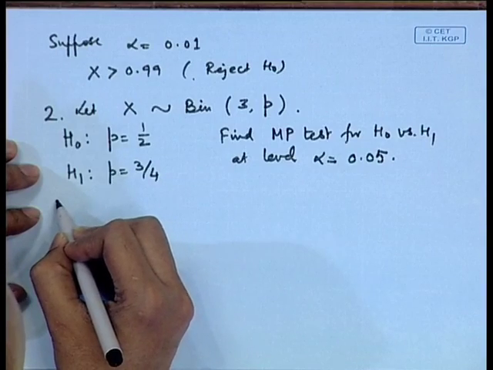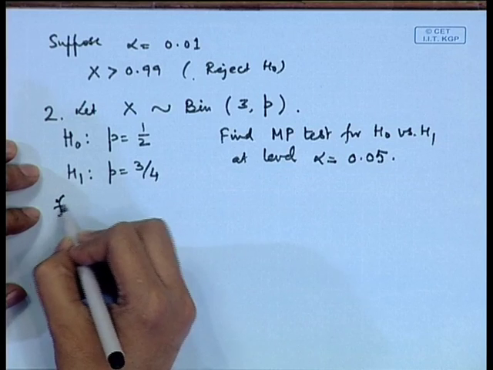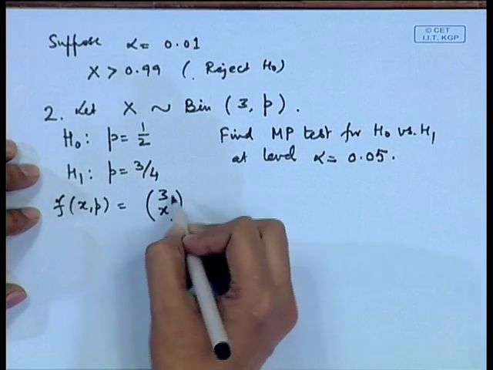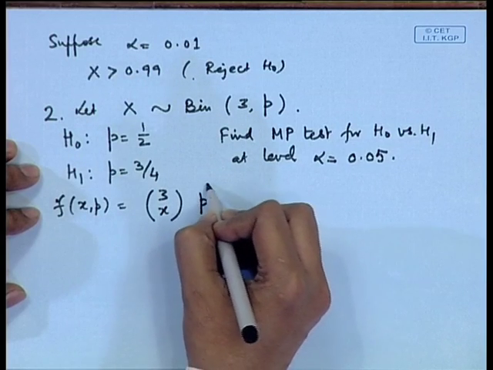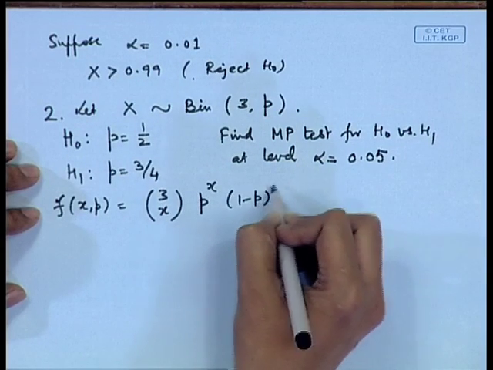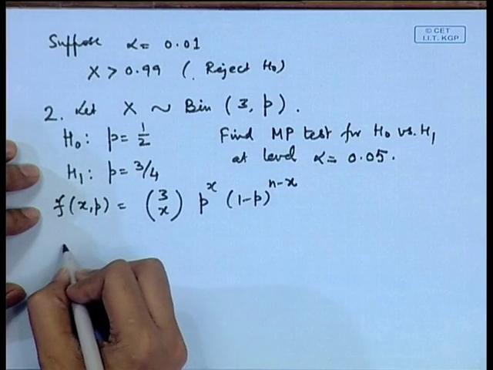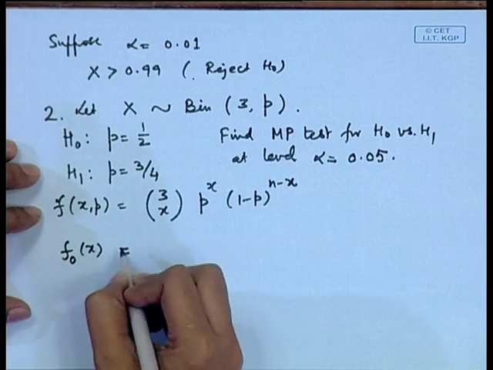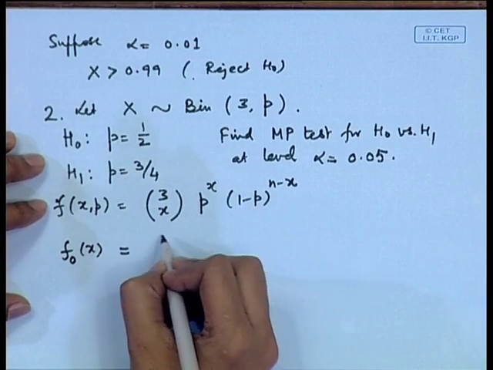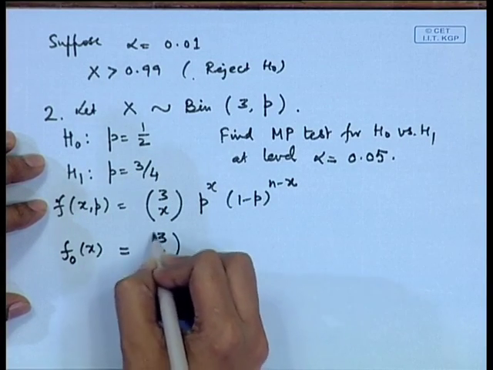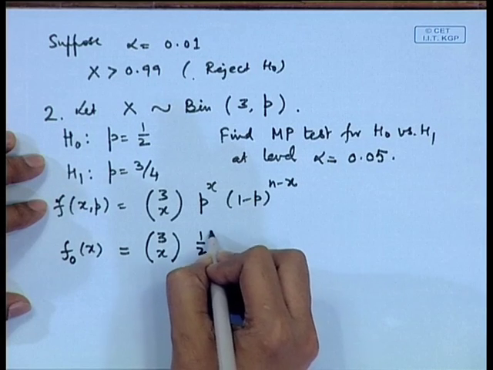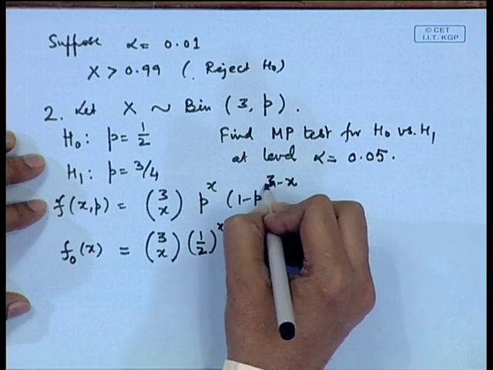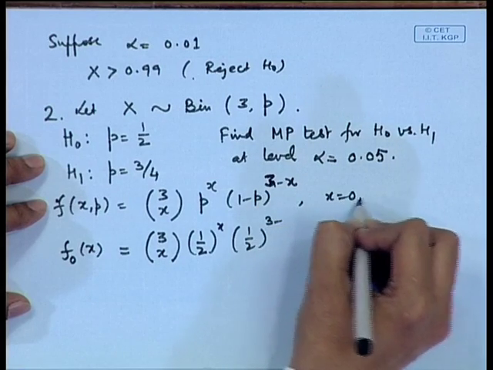So, let us write down the distribution first. f(x, p) is equal to 3 C x, that is n C x, p to the power x, 1 minus p to the power n minus x. We will need the values of f naught x and f 1 x. So, f naught x is the value when p is equal to half, which is reducing to 3 C x, half to the power x into half to the power 3 minus x, where x is equal to 0, 1, 2, 3.